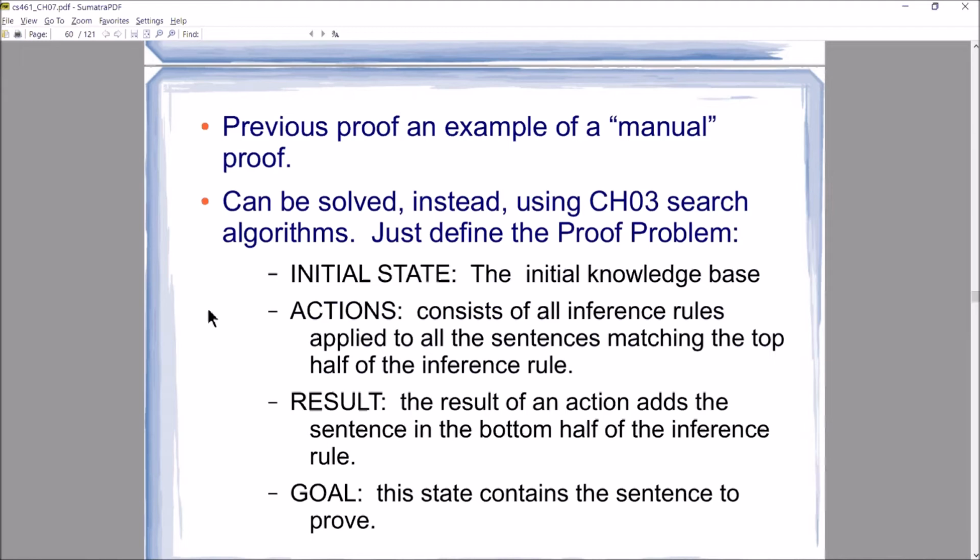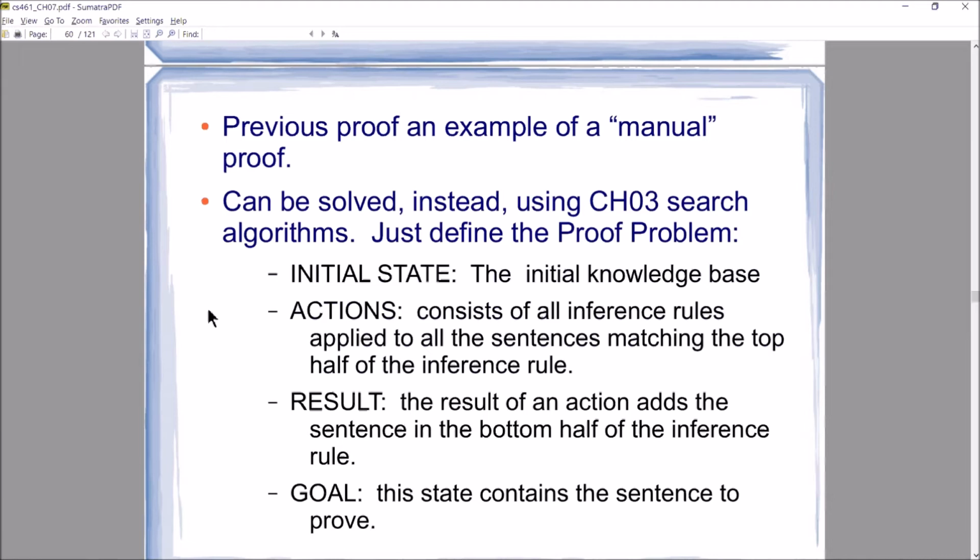So what's the result of applying actions? The action result is to add the sentence in the bottom half of the inference rule. So the top half of the inference rule is your action, and the result is the bottom part. Now, what's the goal?